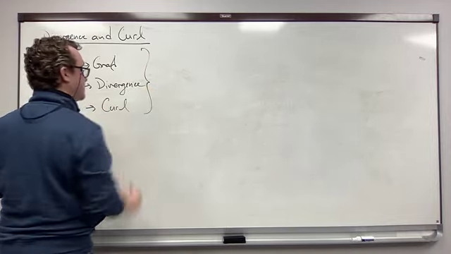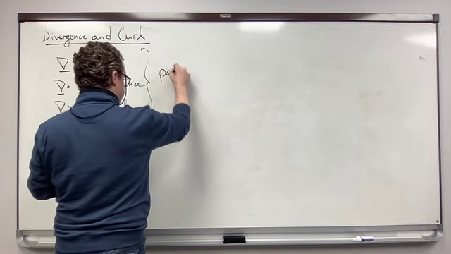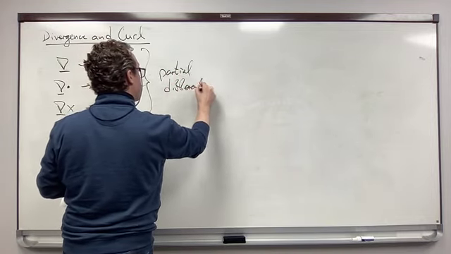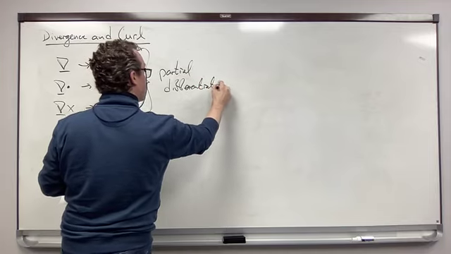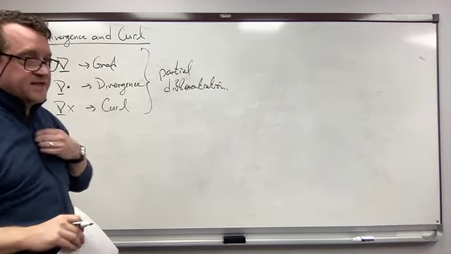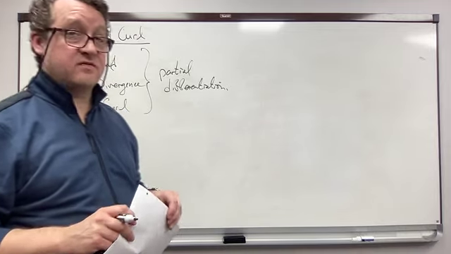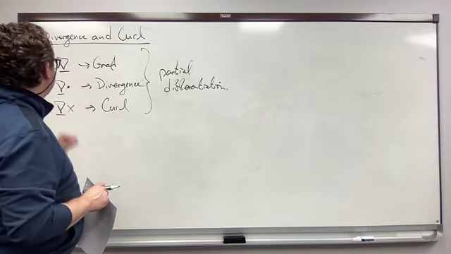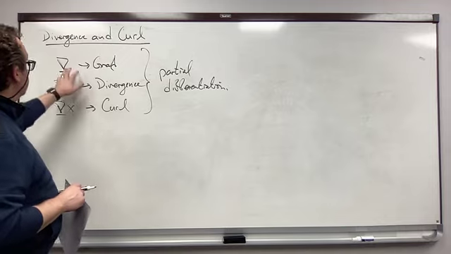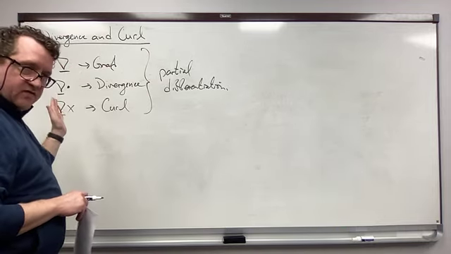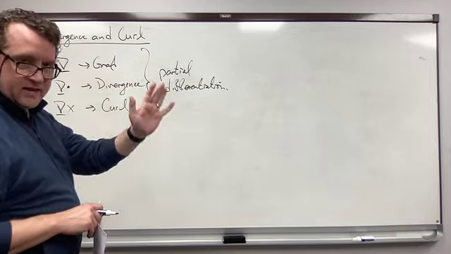They're all examples of partial differentiation. They just operate on different kinds of things. They operate in different ways, and they yield different types of results. So the grad operation would be the grad of a scalar function, like electric potential, and the result of it is a vector function, like electric field.